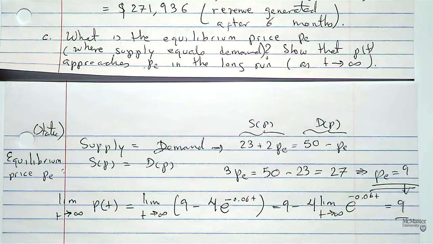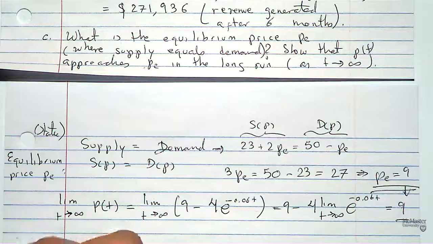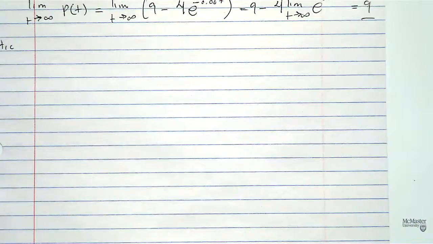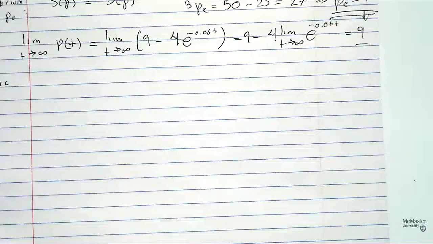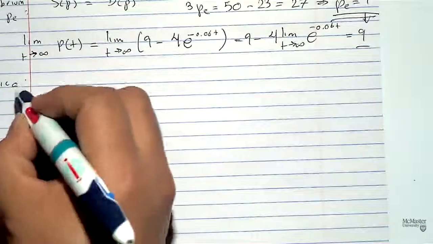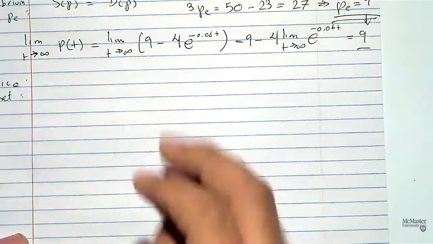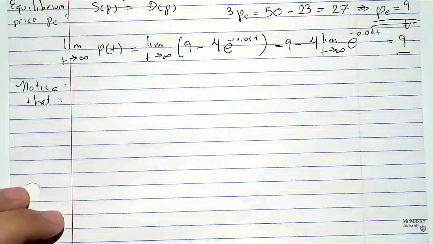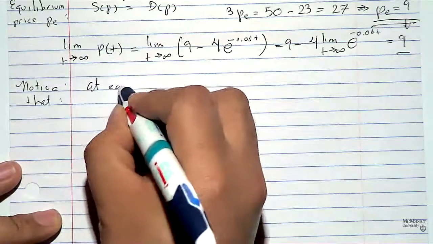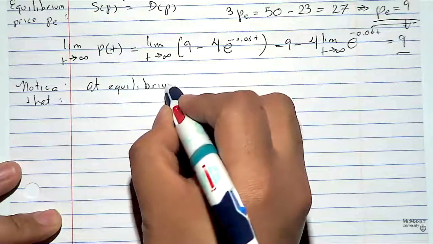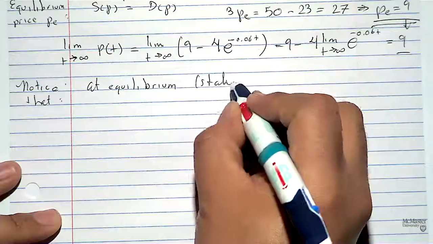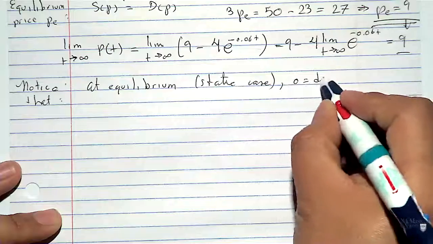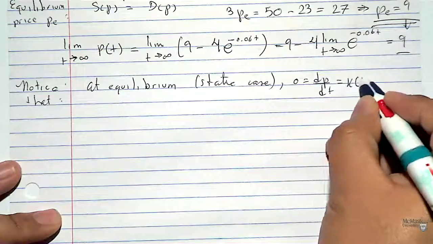So, one final point to make you notice is that at equilibrium, which is the static case, so this is just a summary of what I have told you. 0 is equal to dp dt, which is equal to k d minus s.